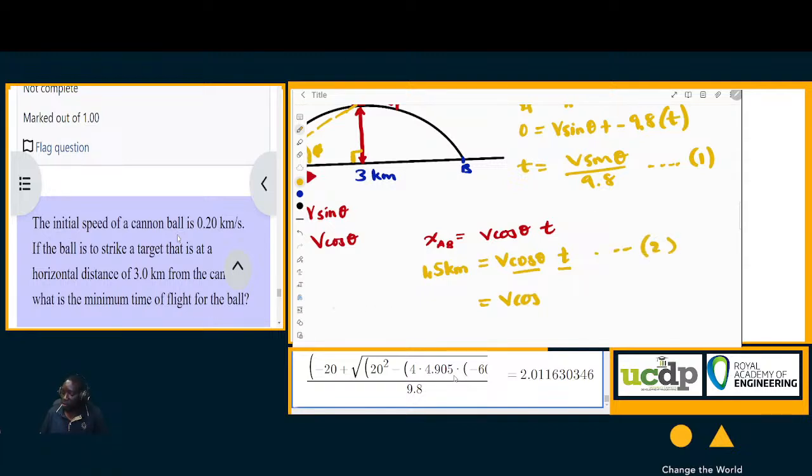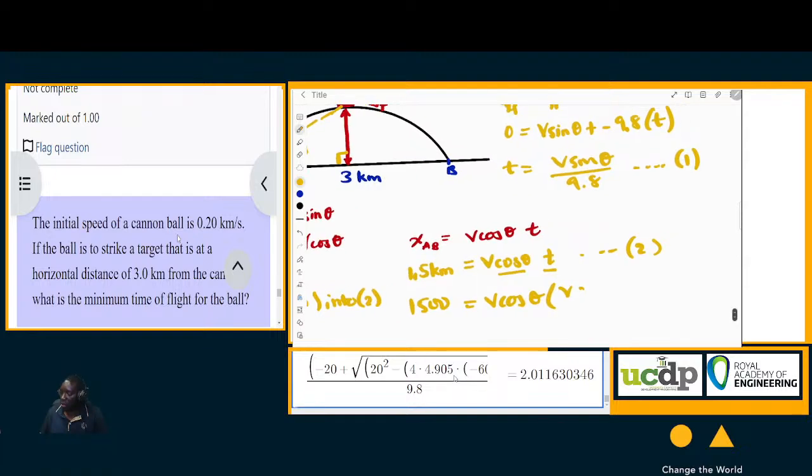We're substituting equation 1 into equation 2: 1,500 meters equals V cos theta multiplied by T, which is V sine theta over 9.8.